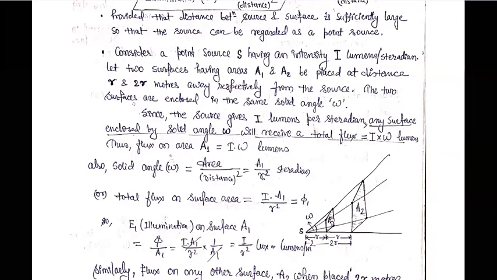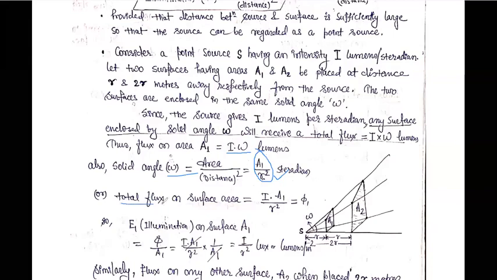And the solid angle will be equal to how much? The area divided by the distance square. If area is A1 and the distance is R, so solid angle omega in this case will be A1 divided by R square. The total flux is I into omega, and omega is A1 divided by R square.